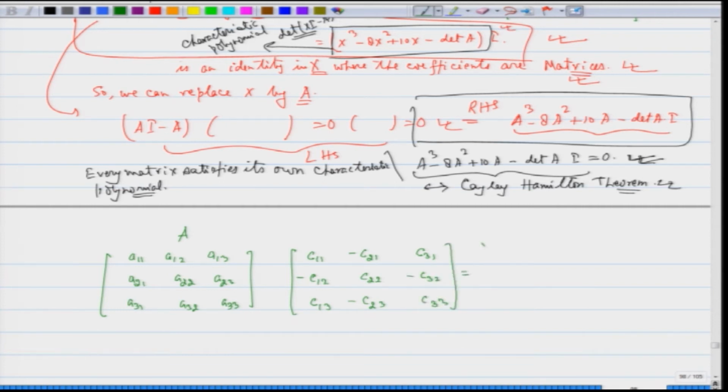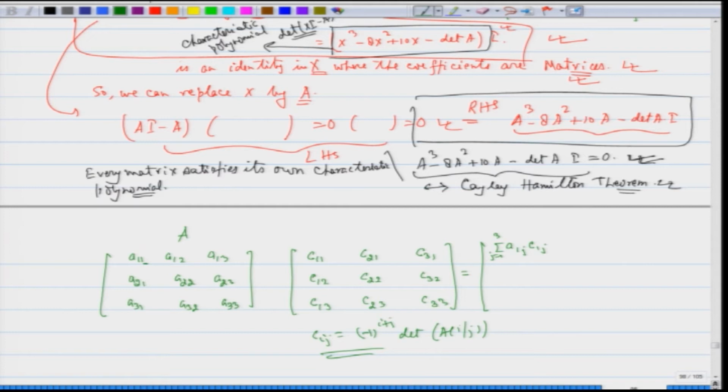So, when I multiply, the first part is a summation, A1j C1j, j equal to 1, 2, 3. The minus sign is already included, as usual; I make mistakes. Cij itself comes with the sign minus 1 to the power i plus j times the determinant, so there is no extra minus sign here.